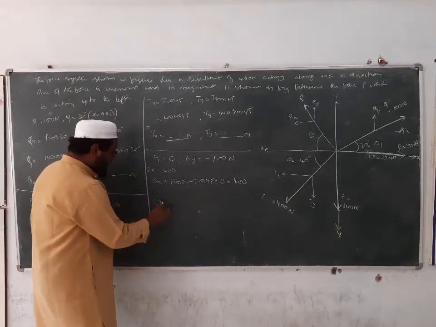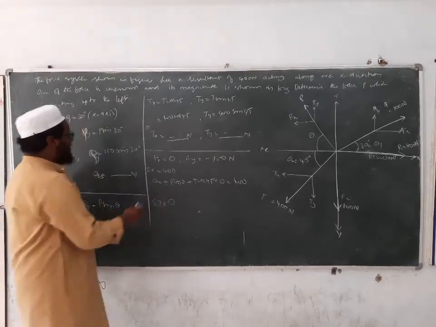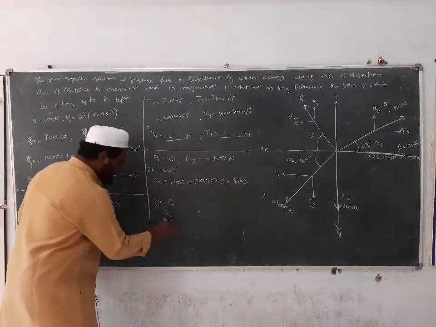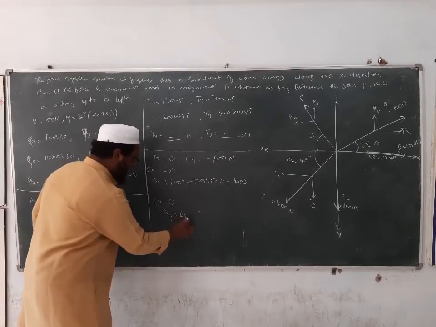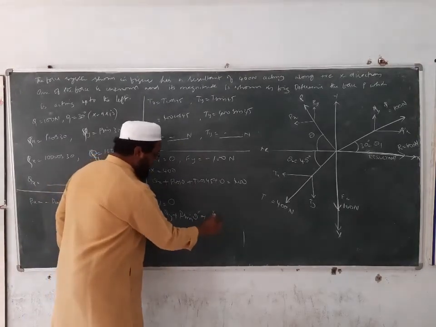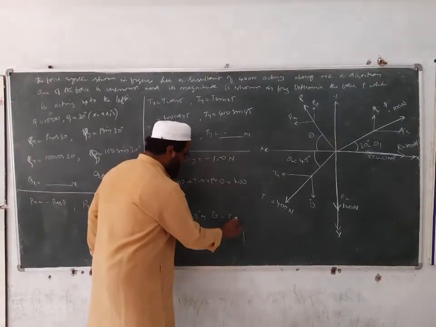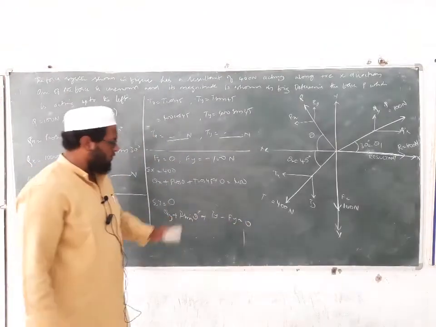Similarly, when you go for sigma y equal to 0, you will get the value of Qy, then P sin theta, then plus Ty, then minus Fy, equal to 0. Again you will get the equation in terms of theta.